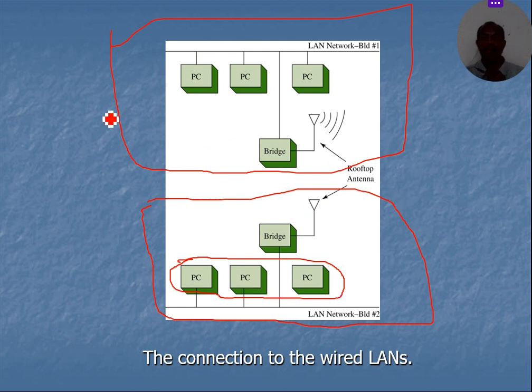So these are two wired LANs, and this is how data packets go from one local area network to the next. This could be from one building to the next or one street to another, as long as the area is not too wide; we call it a local area network. But if it's a wide area, it becomes a wide area network, and we will need a router. When we're doing a wide area network, we need a router to send the signal for far transmission. Is that okay? Now let's move on quickly.